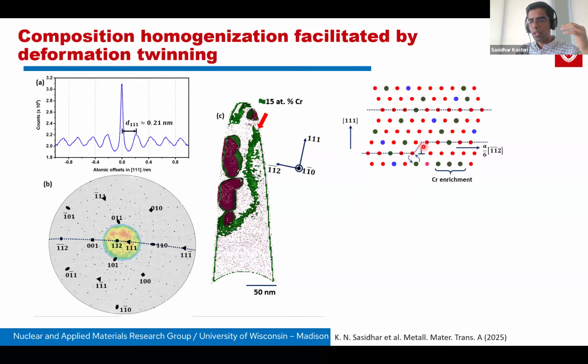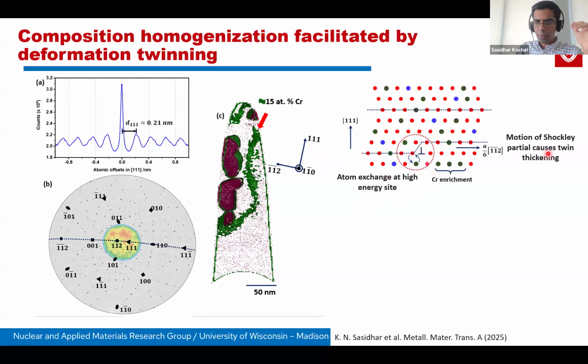By the glide of the Shockley partial, you'll have twin front progression. So we hypothesize that at this region, which is a high energy site, atomic exchange can take place. And as this Shockley partial glides, if you have a chrome enriched region, you can have homogenization of the chromium content, because there is a driving force for chromium content homogenization, and the twin thickening provides a mechanism for dissipating that driving force.